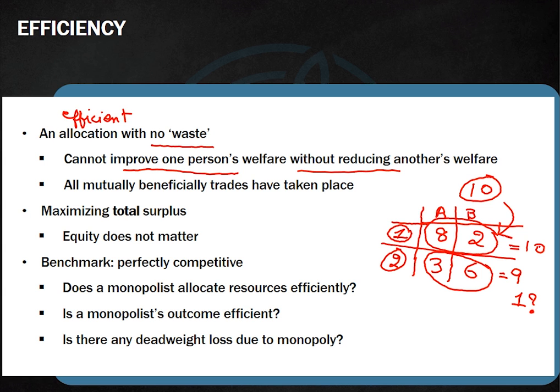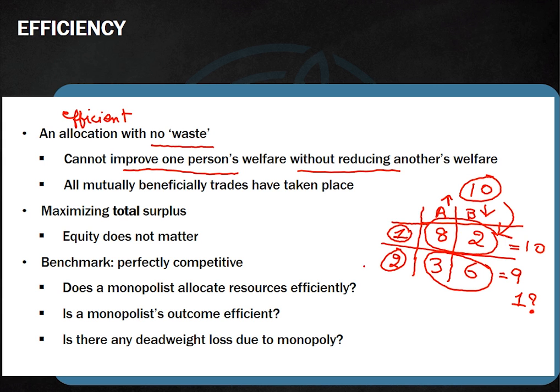Here, since we are already using up all of our 10 rupees, if I want to give one more rupee to person A, I have to take it away from person B. So this will be called an efficient allocation. 8-2 is an efficient allocation because the only way to make A better off is to reduce B's welfare.